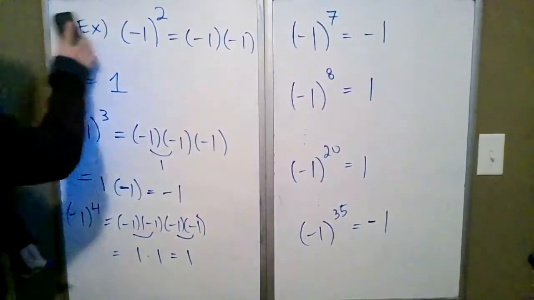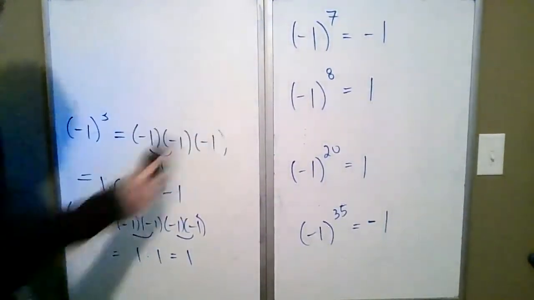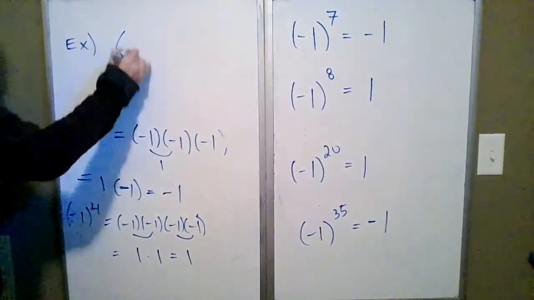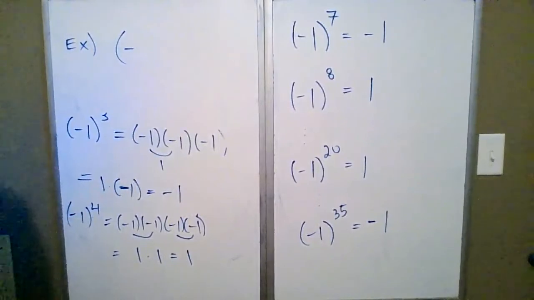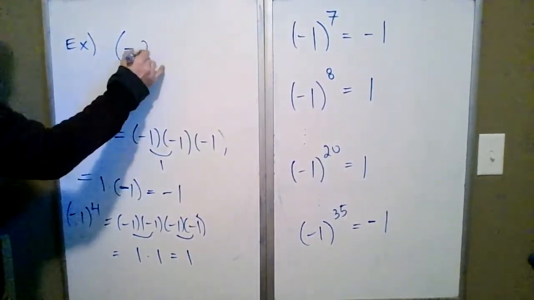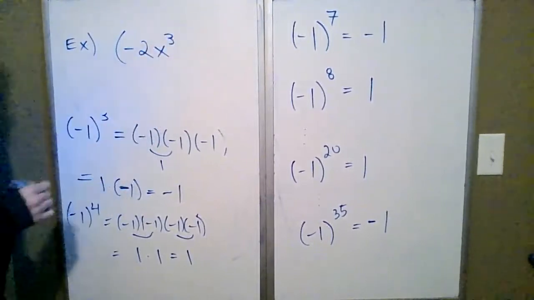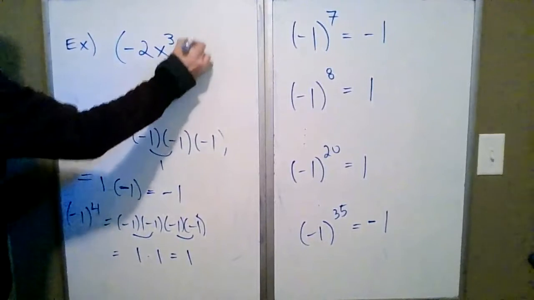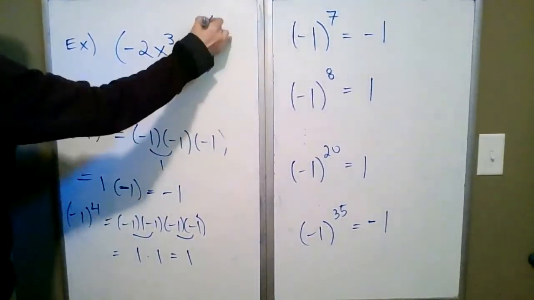So I'm talking about a problem like this. There's negative 2x cubed y to the 5th, and it's all raised to the 4th.